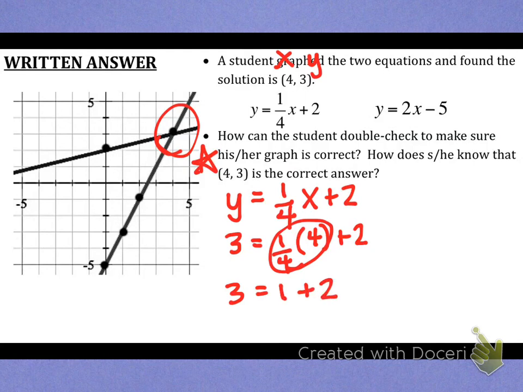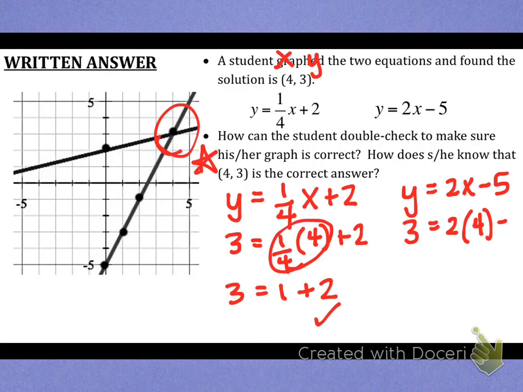You'll see that (4, 3) works in the first equation. Plugging in 4 for x and 3 for y again. Oh, come on, my 5 isn't fitting in there. Okay. 2 times 4 is 8 minus 5. You can see it also works in the second equation.